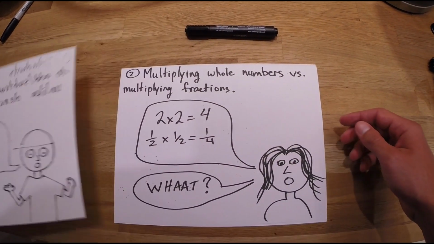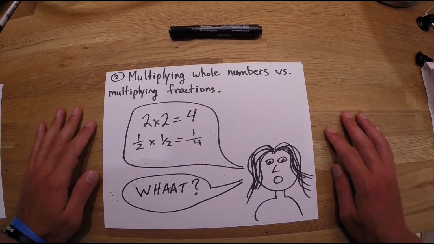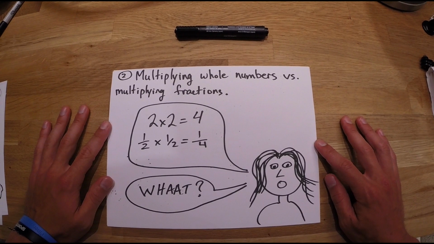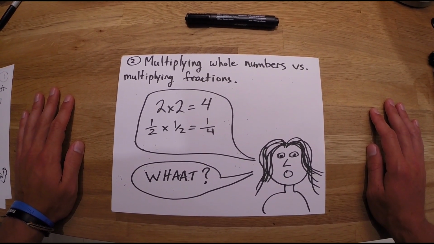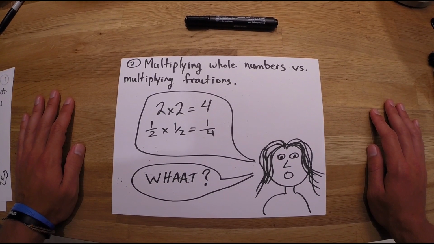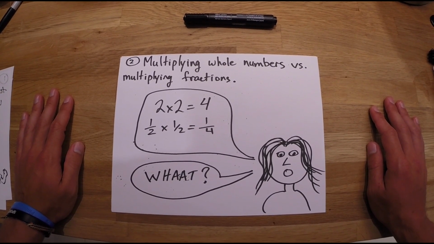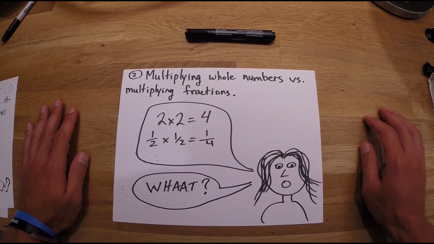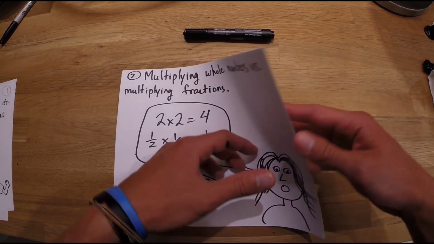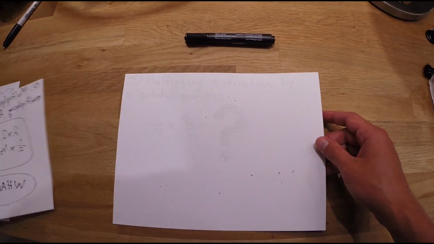Now when we take a look at the second example here, it's another common misconception for students. They have trouble with the idea of multiplying whole numbers versus the idea of multiplying fractions. Now again, as a teacher, you want the student to really connect or analyze and explore this idea and connect it to one of those bigger ideas that we talked about in the first module.